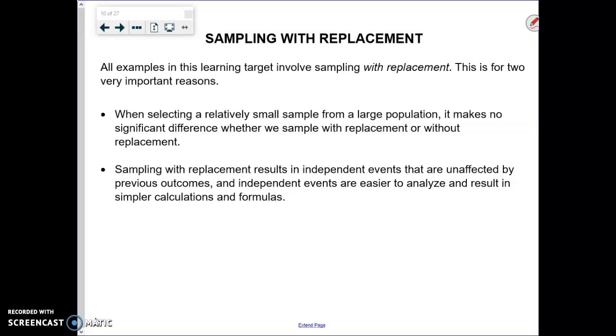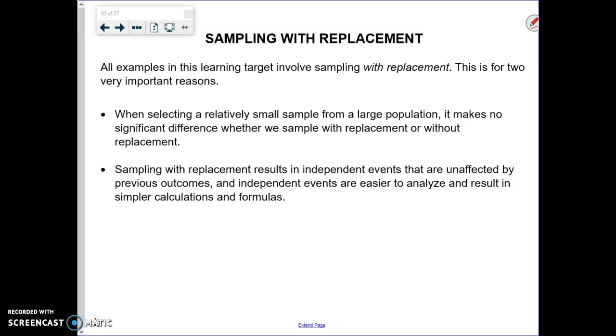One thing I want you to understand is that even though we may not be replacing, in other words, if we choose somebody from the population, we really don't want to choose them again, we are going to assume independence in this case. In other words, our sampling processes are going to involve replacement. Why is that? For a couple of reasons. Number one, the population is so large that whether you decide to replace somebody after you choose them or not, the differences in our values are going to be very, very minute.